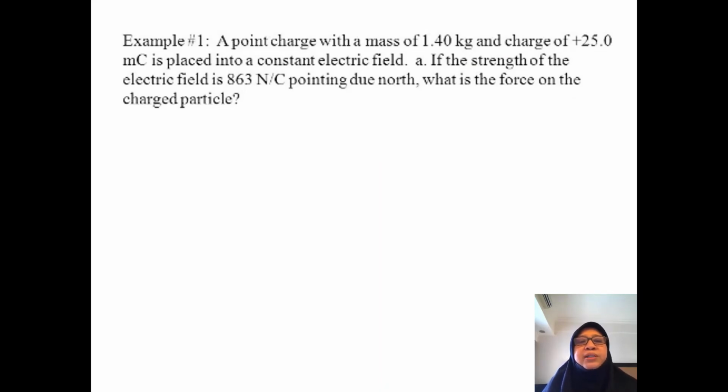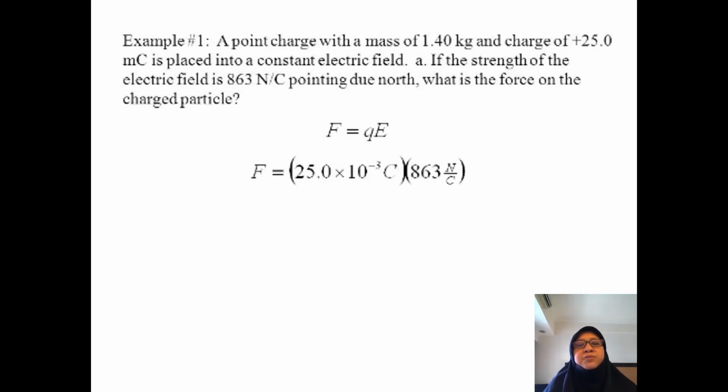A point charge with a mass of 1.40 kilogram and charge of 250 microcoulomb is placed into a constant electric field. If the strength of the electric field is 863 newton per coulomb pointing due north, what is the force on the charged particle? Using F equals qE, from E equals F per q by cross multiplying, we substitute the electric field, 863 newton per coulomb.